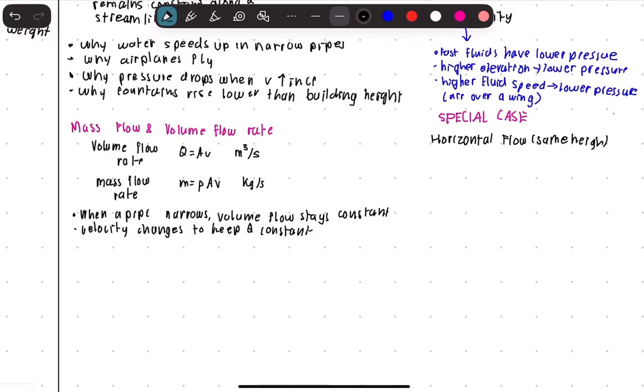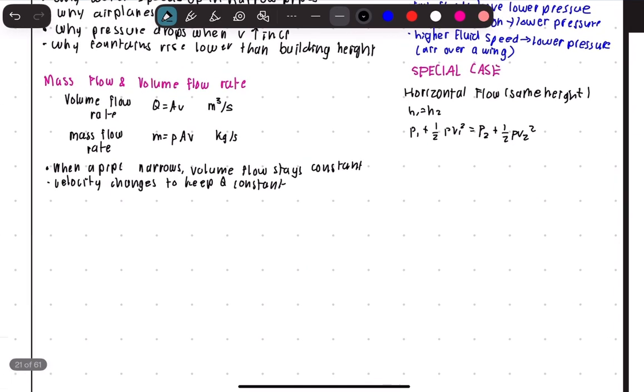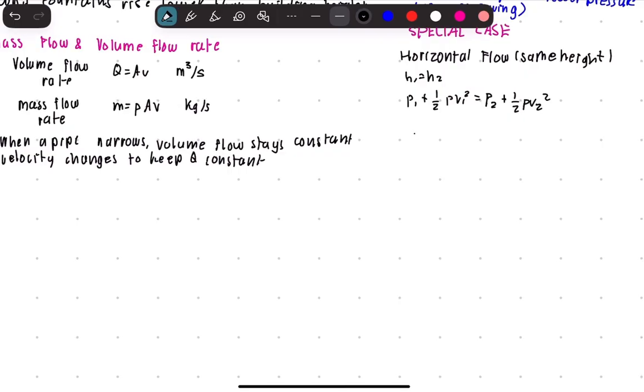What this basically means is that h1 equals h2, and in the equation you're going to set up your problem to look like this: P1 plus 1/2 ρV1² is equal to P2 plus 1/2 ρV2². So essentially it's the same equation, but just with different subscripts.